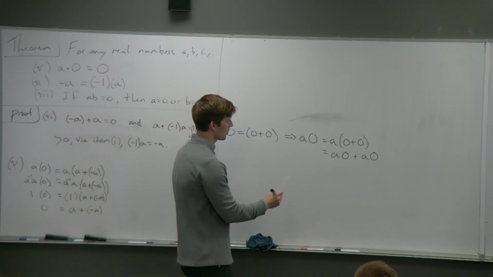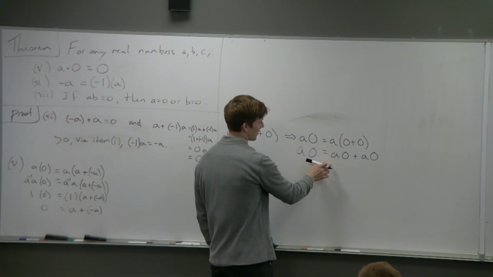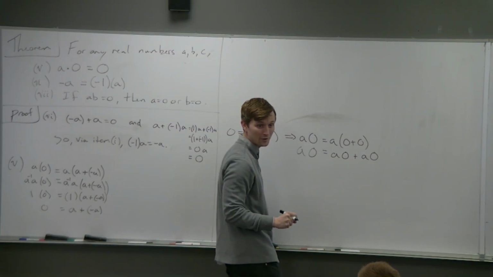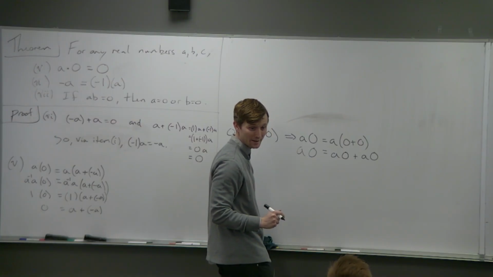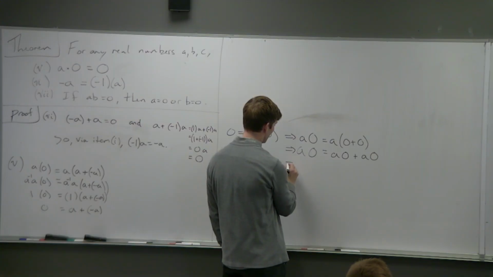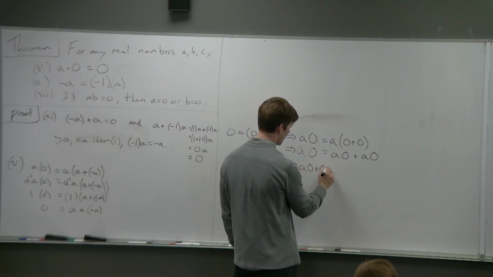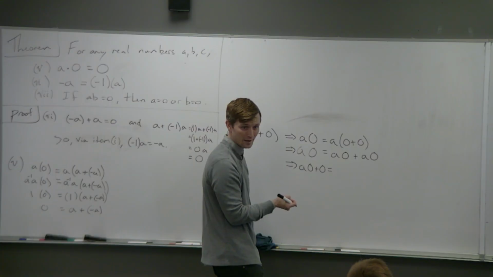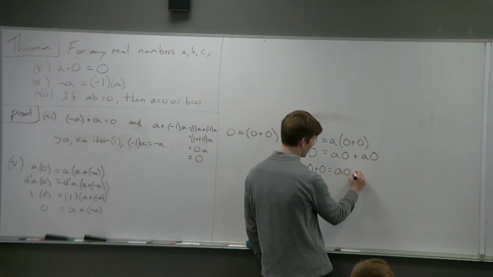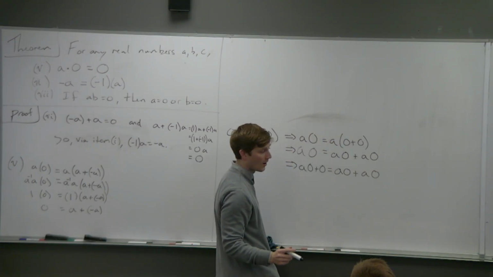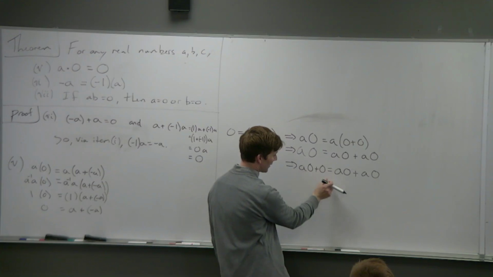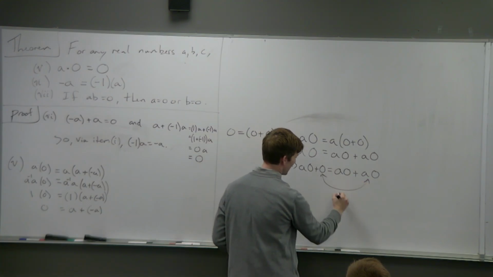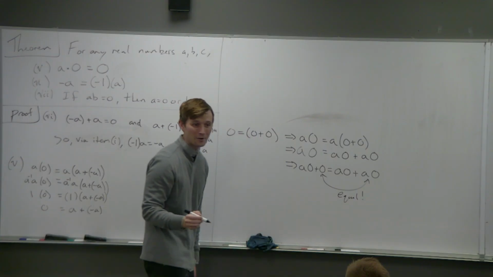Okay, so a times 0 equals a times 0 plus a times 0. Now, 0 is the additive identity, right? So would you agree that a times 0 plus 0 is equal to a times 0? Yeah? Okay, so this is a thing plus something is equal to a thing plus something else. Those are equal, right?